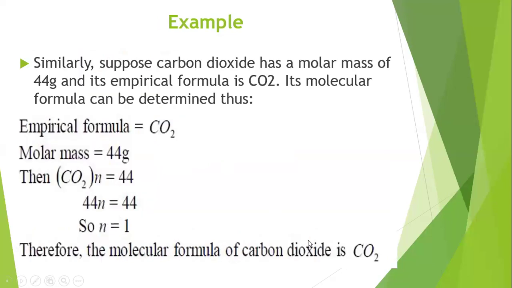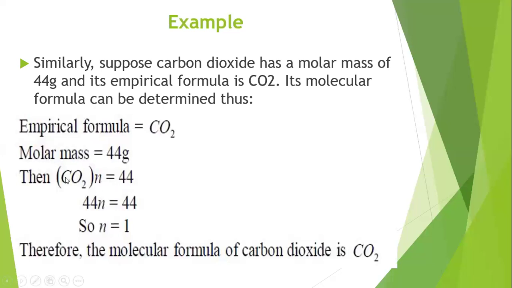I hope it's clear. Similarly, suppose carbon dioxide has a molar mass of 44 grams and its empirical formula is CO2. Its molecular formula can be determined as follows. The empirical formula, we know, is CO2, the molar mass is 44 grams. Now (CO2)n equals 44.